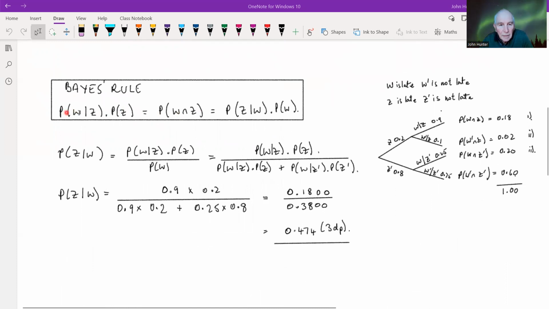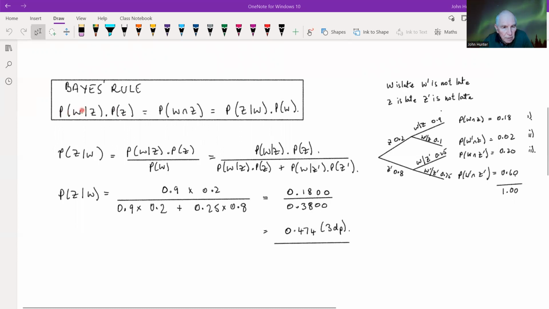And this little expression here is a form of something called Bayes' rule, sometimes called Bayes' theorem or Bayes' formula, more or less the same things. You can imagine this on your probability tree.